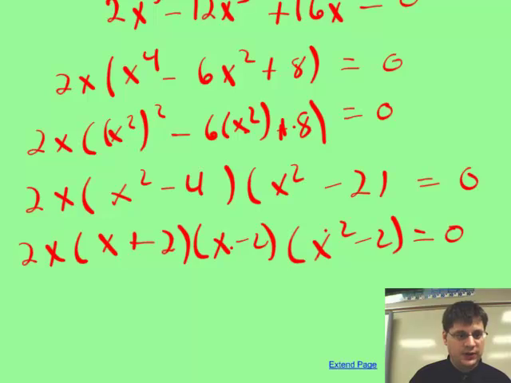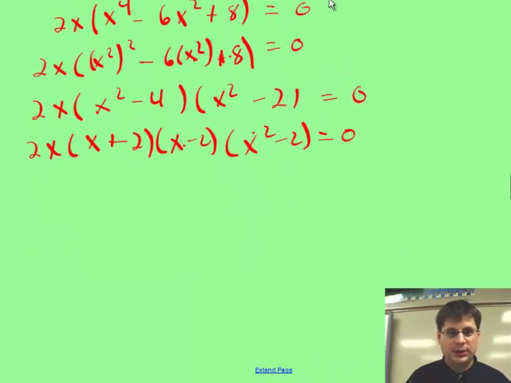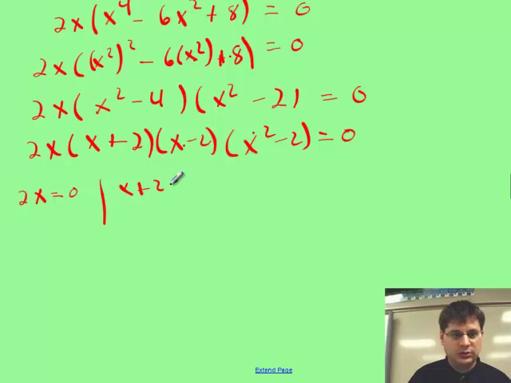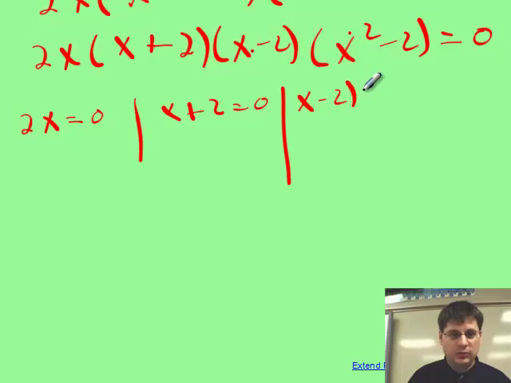Alright, since we're solving and not just factoring, we need to figure out what x is equal to. So we will use the zero product property and find our solutions. Everywhere there's an x factor, we need to set that equal to 0. So 2x is equal to 0, and x plus 2 is equal to 0, because if any of these are equal to 0, and we're multiplying, then the whole thing is going to equal 0.